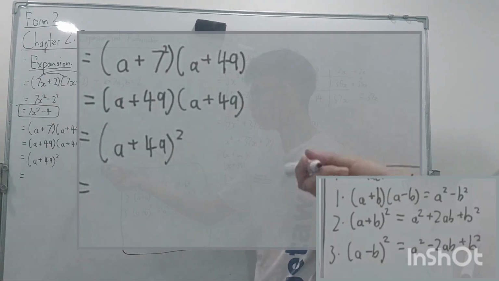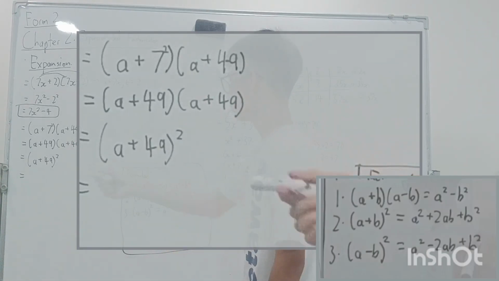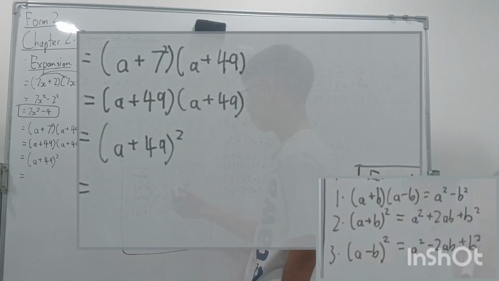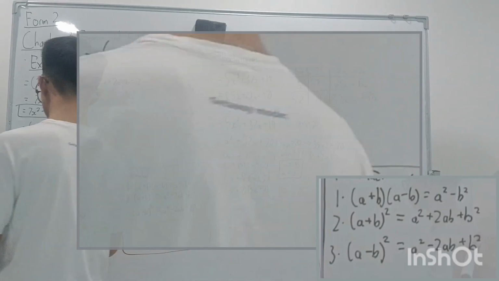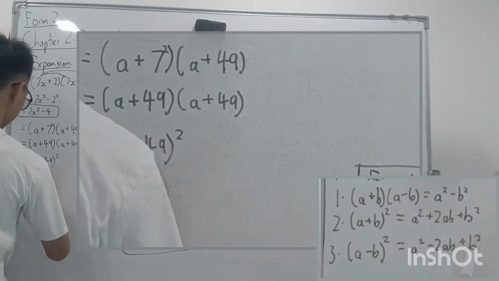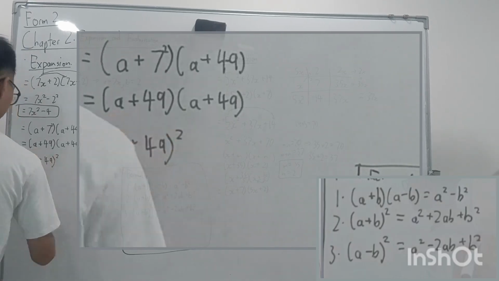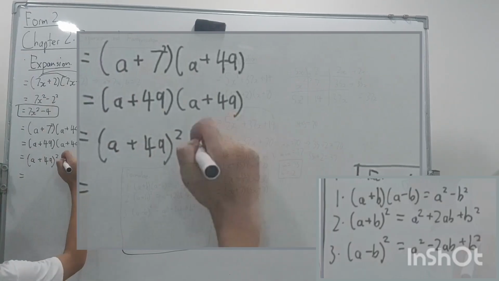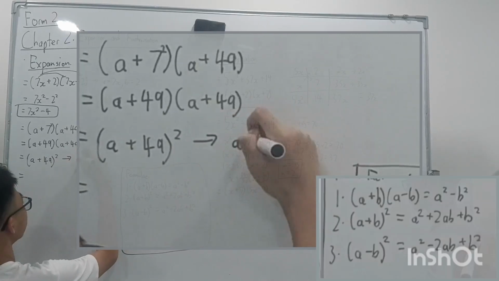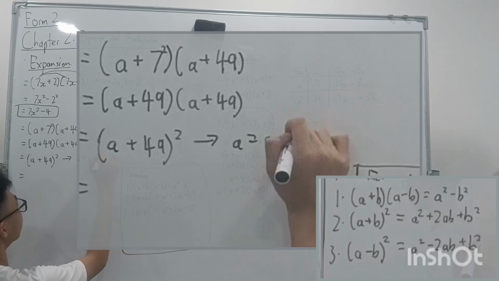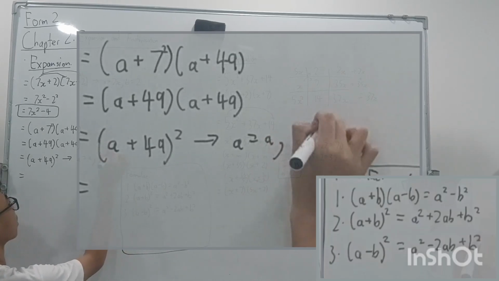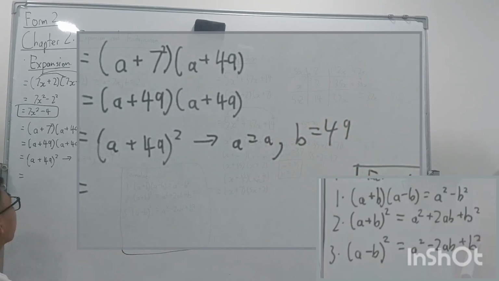Now we're going to use the second formula to simplify this: a plus b bracket squared is equivalent to a squared plus 2ab plus b squared. So a is just a, and b is 49.